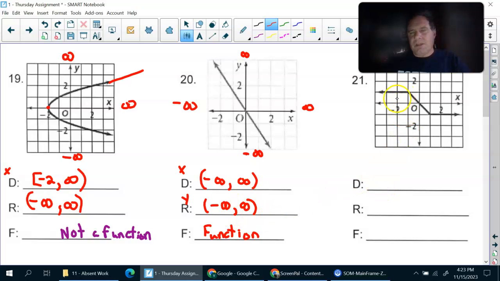And that's it. So the domain here, this is a function, yes. If you did a vertical line test, it only goes through once. So we're going to look at the leftmost part of the graph because we're looking at the x, and we're looking at the rightmost part of the graph. This is negative infinity because it goes on forever in that direction, and this is positive infinity. It goes on forever in that direction.